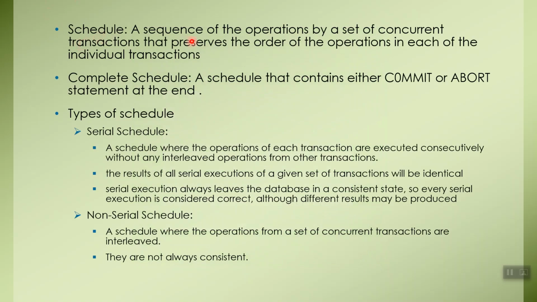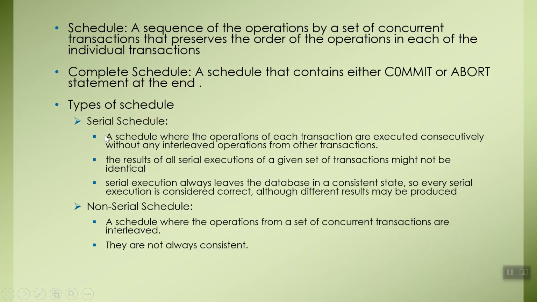Okay, fine. So to sum up this video, what is a schedule? A sequence of the operations by a set of concurrent transactions that preserves the order of the operations in each of the individual transactions. A complete schedule is a schedule that contains either a commit or abort statement at the end. Then the types of schedule: a serial schedule is a schedule where the operations of each transaction are executed consecutively without any interleaved operations from other transactions.